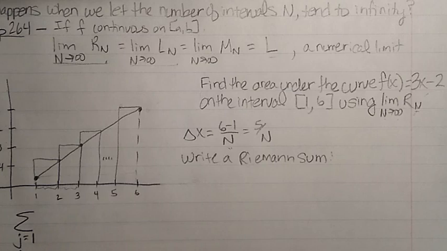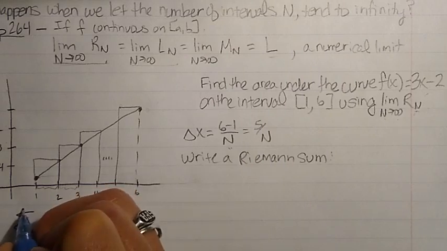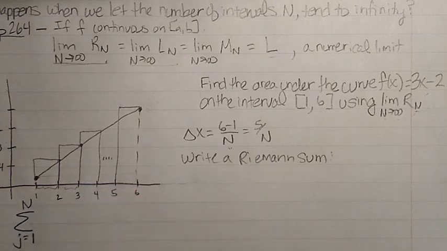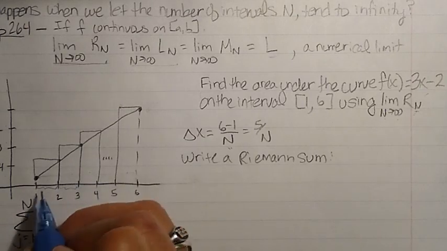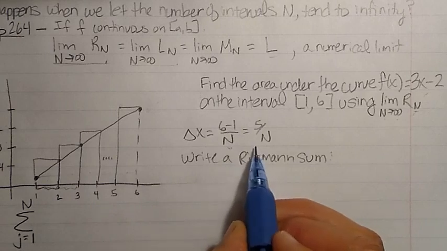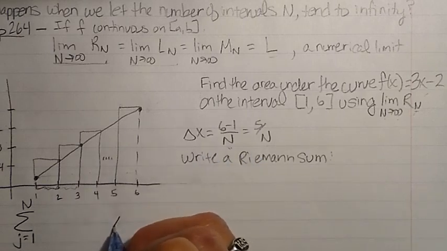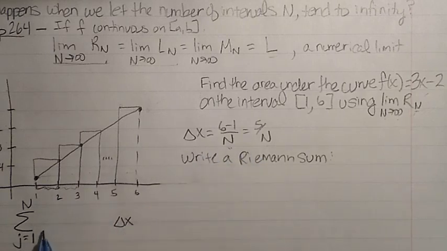I'm going to use my counter being j. Sometimes we use i, sometimes we use k, but I'm trying to be consistent with our book notation. I'm going to sum from the first rectangle to the nth rectangle the area of each of these rectangles. Each one of them has width delta x, which I'm going to write out to the right, and you'll see why later. That's my width.